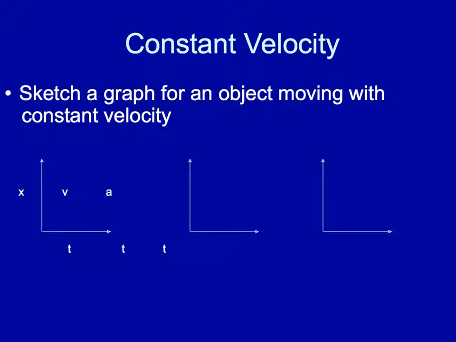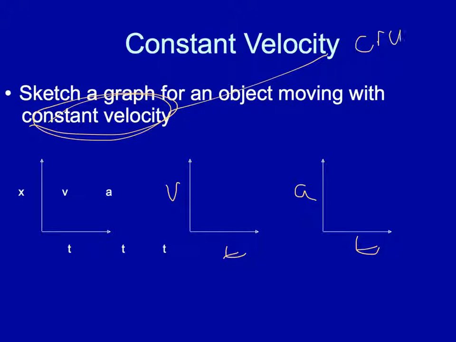As a quick review, you have a position time graph, a velocity time graph, and an acceleration time graph. If an object's moving with constant velocity, think about something that's constant velocity. Cruise control is a good example, or if you're out for a slow jog. See if you can create those three diagrams.